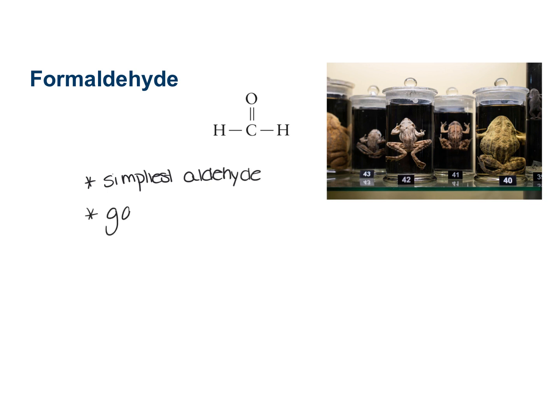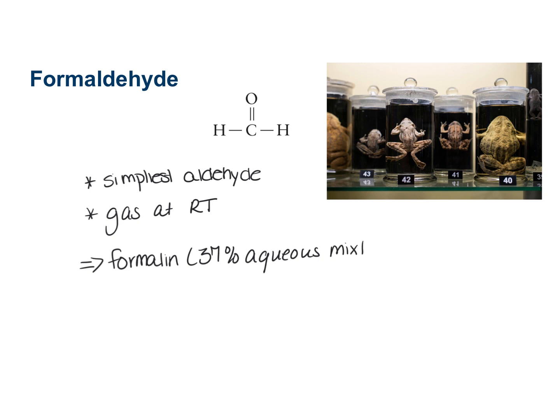It's a gas at room temperature, and it's most commonly supplied and used as formalin, which is a 37% aqueous solution. And an aqueous solution just means that it's mixed with water. So you have a solution that's 37% formaldehyde, and then the rest is water.